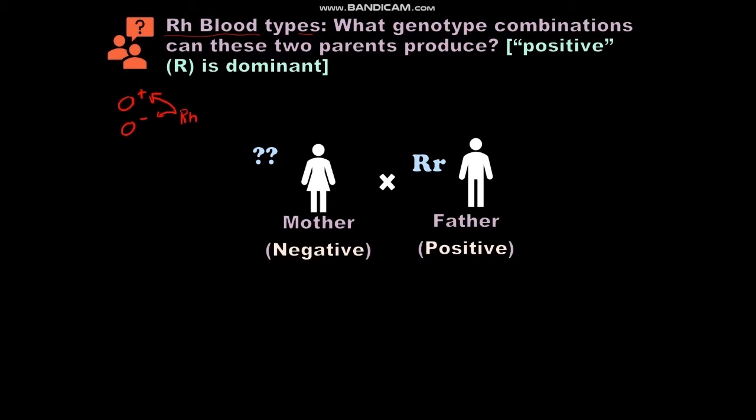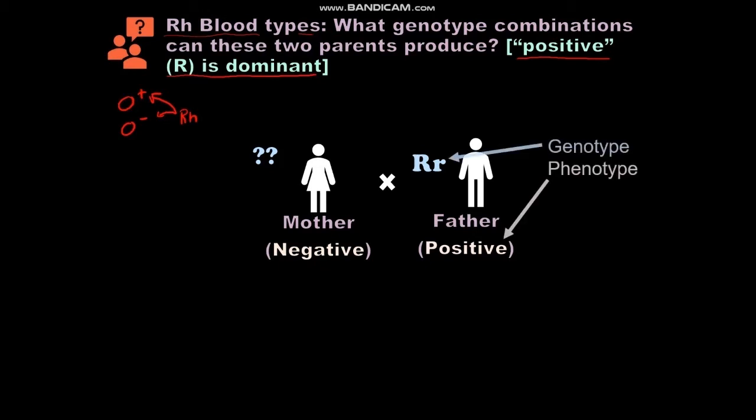It turns out it's totally separate genetically from the A, B, or O blood types. So you can either be positive or negative, and this exhibits a simple dominant recessive behavior. The positive blood type is a dominant trait. Here we have the father's genotype and phenotype listed.